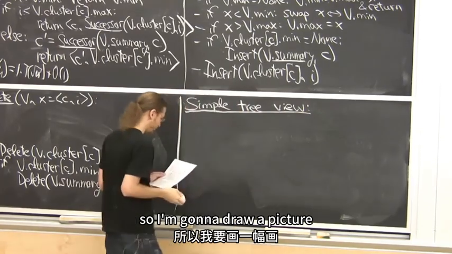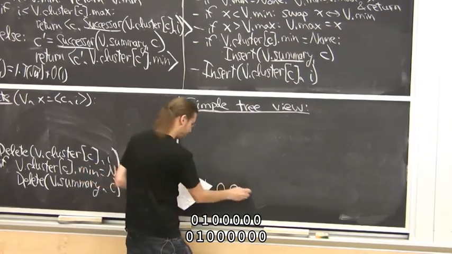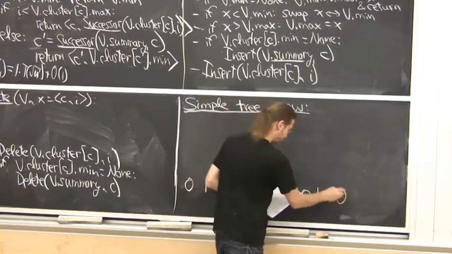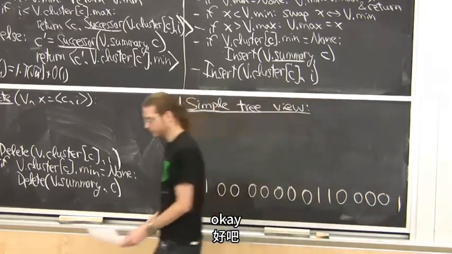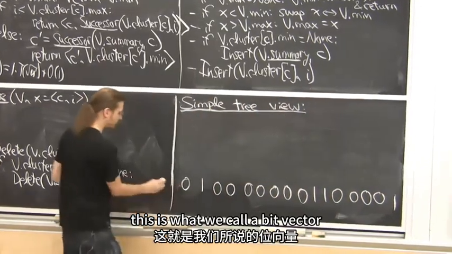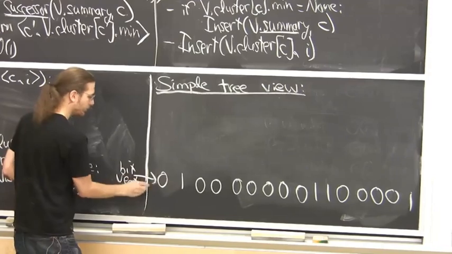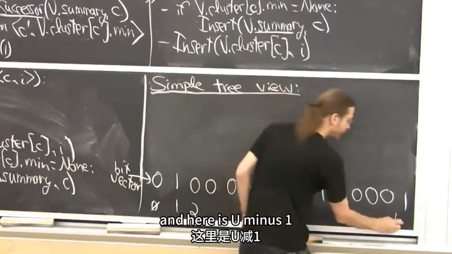So I'm going to draw a picture. 0, 1, 0, 0, 0, 0, 0. This is what we call a bit vector. Meaning here's item 0, item 1, item 2, and here is u minus 1.